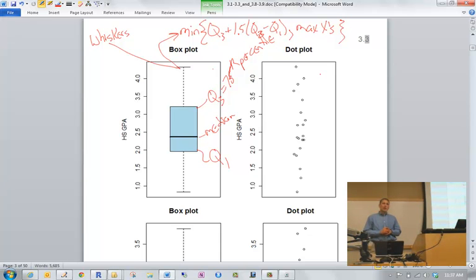So, in other words, you look at your maximum value of x. In this case, it was 4.32. If that is smaller than Q3 plus 1.5 times Q3 minus Q1, draw your line here. And in fact, it is in this particular case. So this is 4.32, the maximum in the data set.